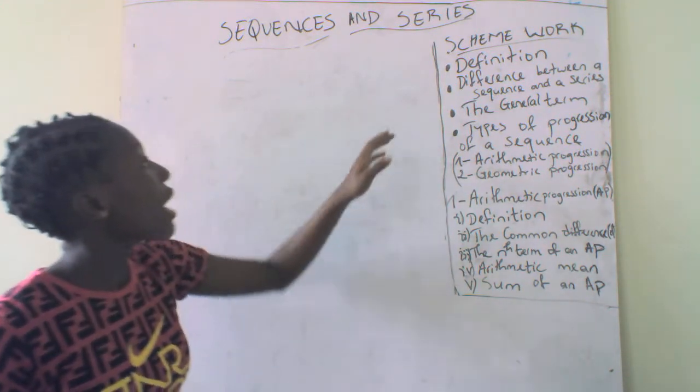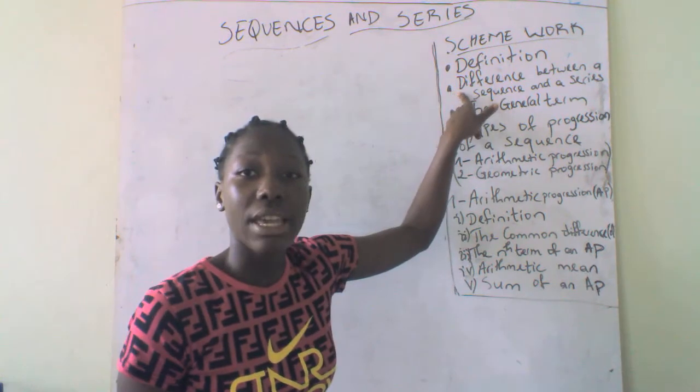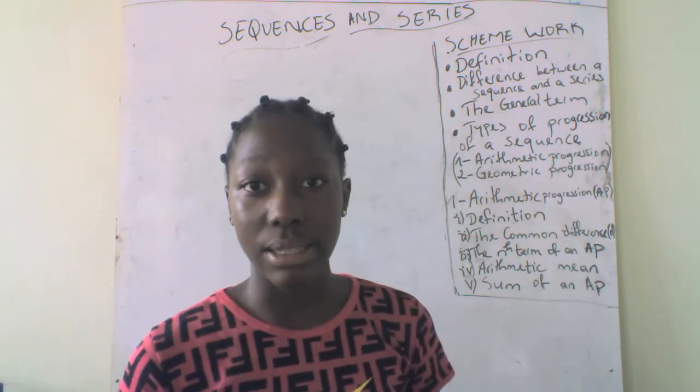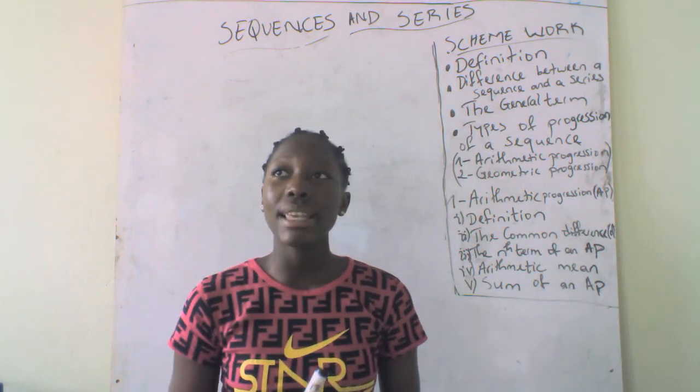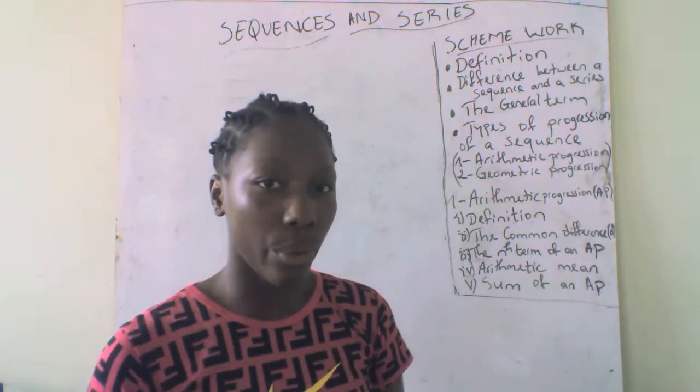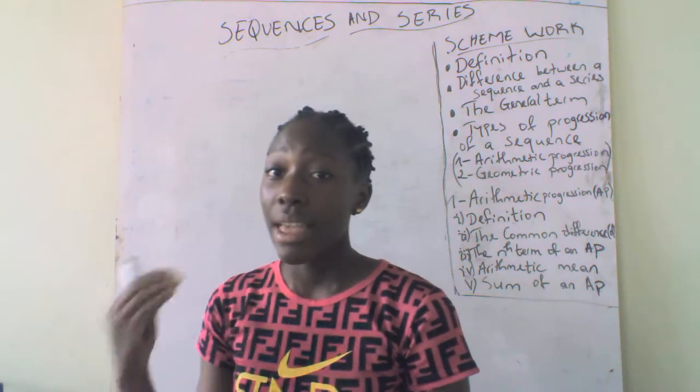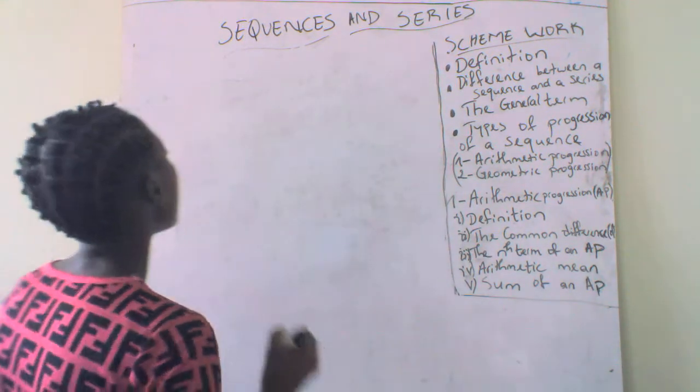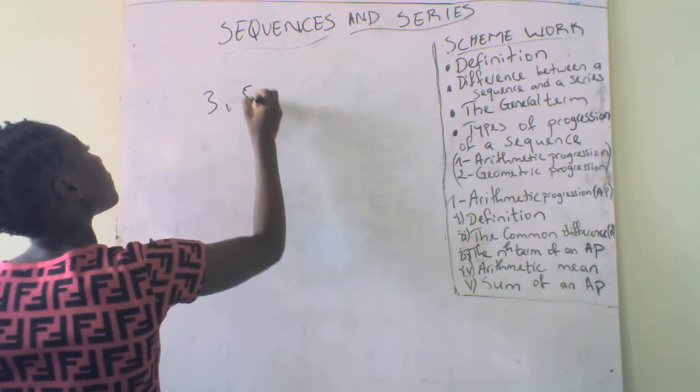So now let's look at the difference between a sequence and a series. A sequence is an orderly arrangement of terms having a rule for obtaining the preceding term. For example, you're given this arrangement of terms.